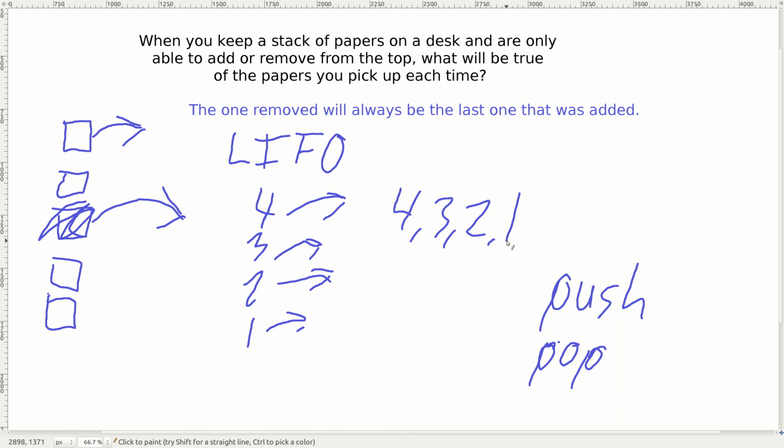Sometimes people will add an additional operation because pop removes something from the stack. We may sometimes want to be able to peek and see what is at the top of the stack without removing it. Sometimes we may also do additional operations to know more information about the stack, and you're going to get a chance to play with some of those as you do sections A and B of the stacking queue activity.